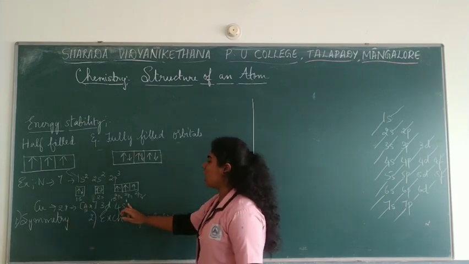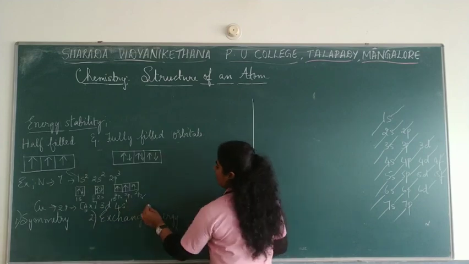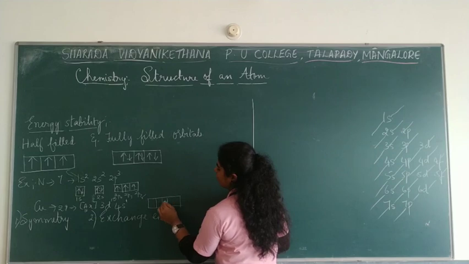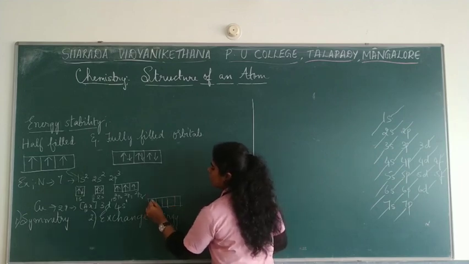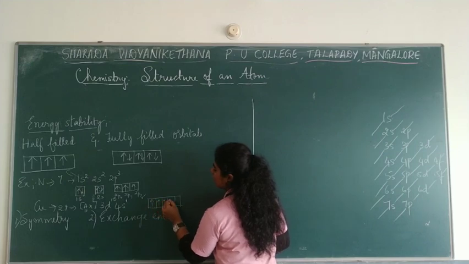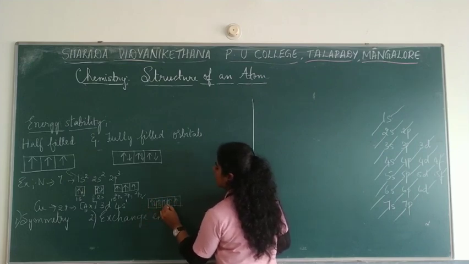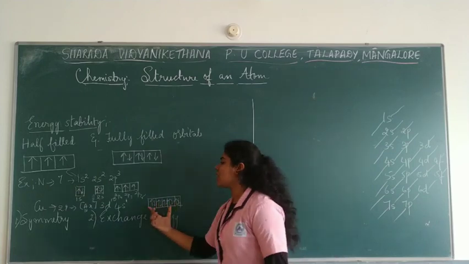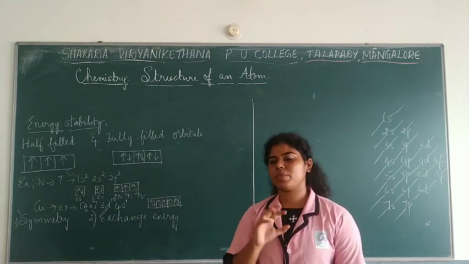Here as you can see 3d10 is to be filled. 3d orbital contains 5 orbitals, so 3d10 has to be filled: 1, 2, 3, 4, 5 and then you come back 6, 7, 8, 9, 10. So this is fully filled. These orbitals are also said to be stable. The energies of these orbitals are said to be stable.